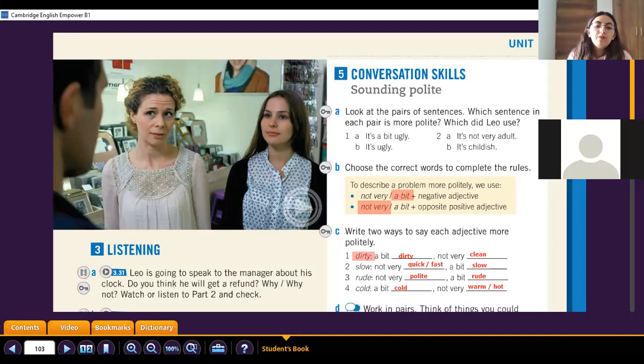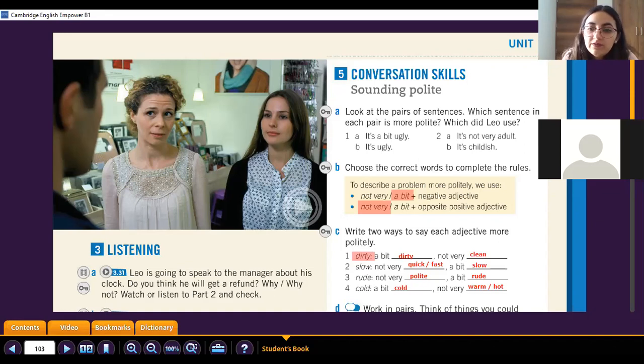Y para poder completar esas conversaciones en pareja o en grupos, dependiendo de cómo les toque, pues vamos a necesitar, sorry guys, vamos a necesitar pues todas las frases que vimos, ya sea para make complaints, para realizar alguna queja, maybe to return something or maybe exchange something in a shop.